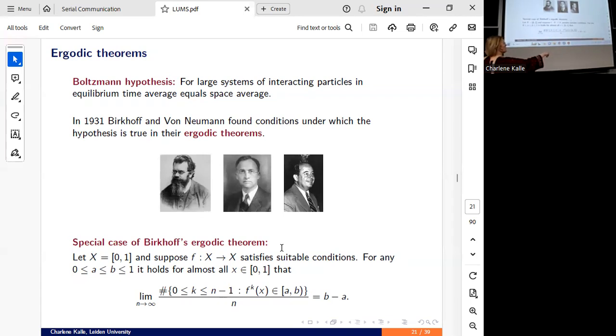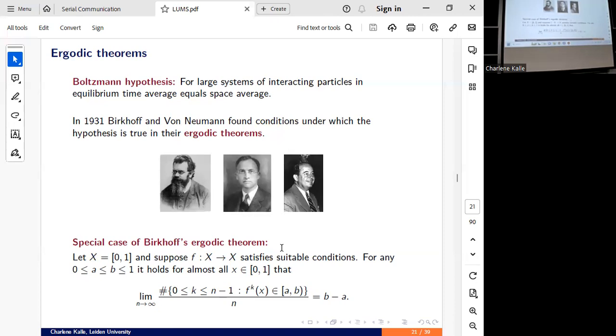This means that this is the proportion of time in the first n time steps in which this point was in the set from a to b, and this is like a time average. You follow the orbit of x and you record what proportion of time the point spent in this specific interval from a to b. So in the setting of this hypothesis, this will be the time average along the orbit of x. You fix an interval at the start, and then you know that almost all x will have this property.